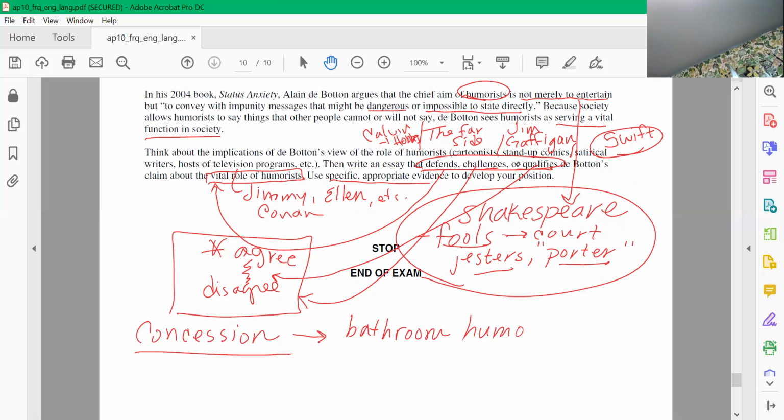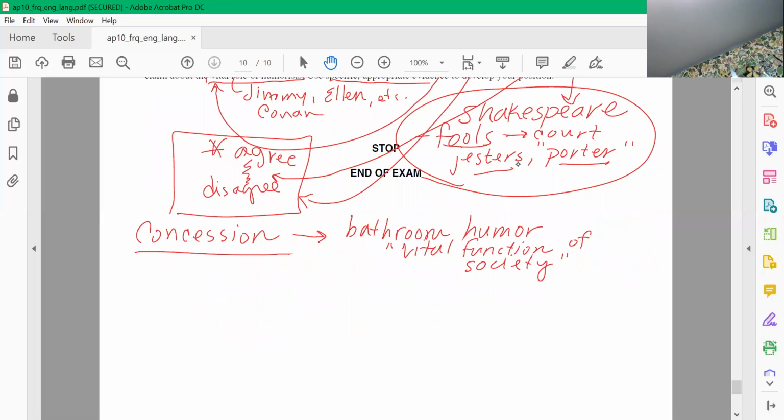I mean, it's funny and everything, but I don't know that it has much vital function in a society, okay? Someone could definitely argue against that with me, and that's fine. They might say, oh, well, those types of jokes actually relieve tension, which I'll get to in a little bit with my thoughts.